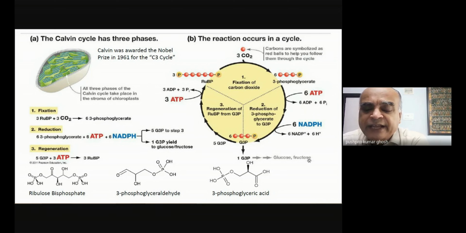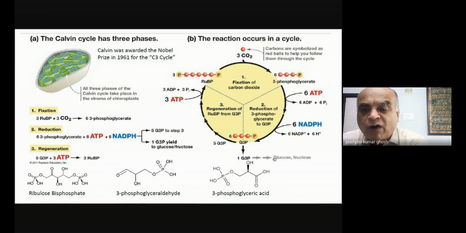So it's like saying that I need 2 of these to form glucose and fructose and things like that. So in that case, obviously I will require 2. For 2 of these, I will require a total of 18 ATP and 12 NADPH.